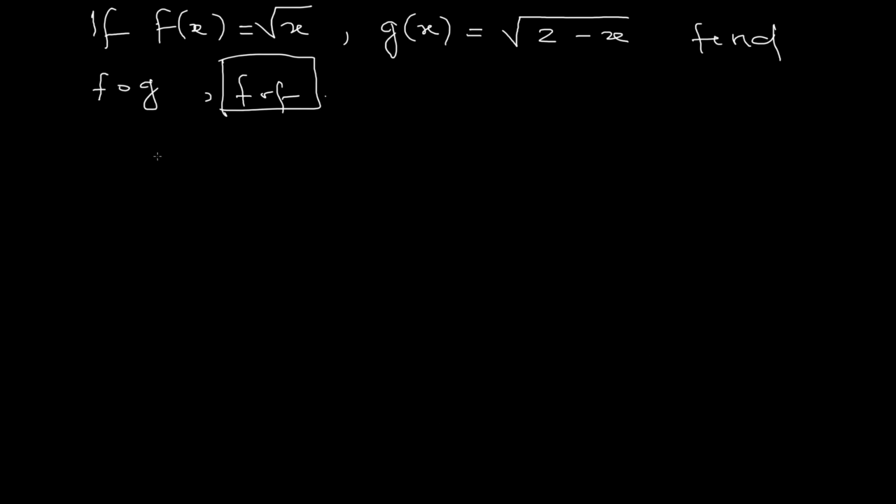Now, what about f of f? So f of f is going to be a little bit different. f of f becomes f of f of x, like this. Then we look for the function itself.